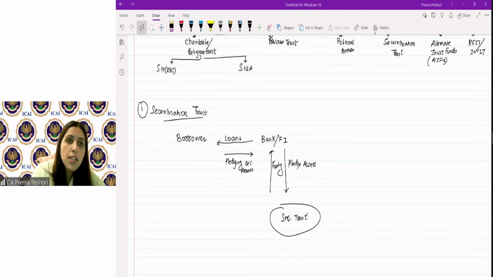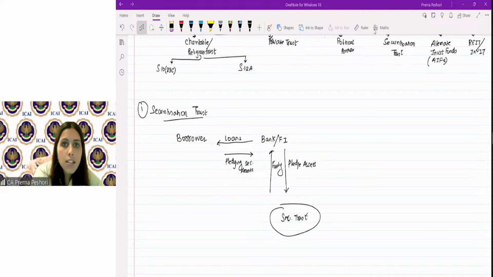Now, in case of the securitization trust, the taxation is governed in a different manner. As I told you, these trusts convert the pool of loans into securitized debt. They act as an SPV for transferring the financial assets of the originator to the investors, based on which they generate the money.